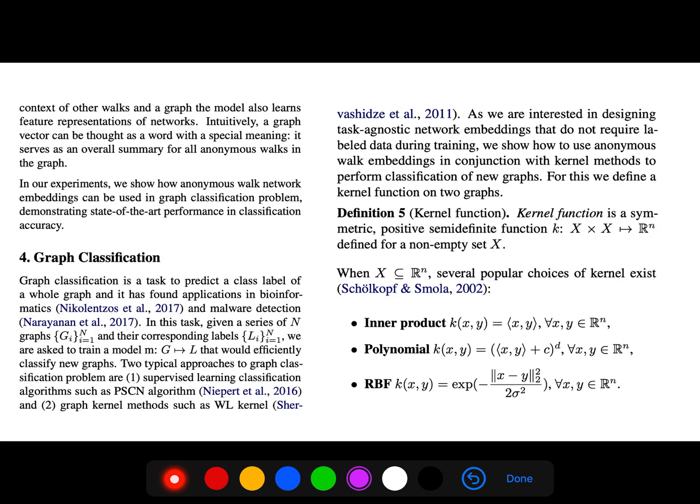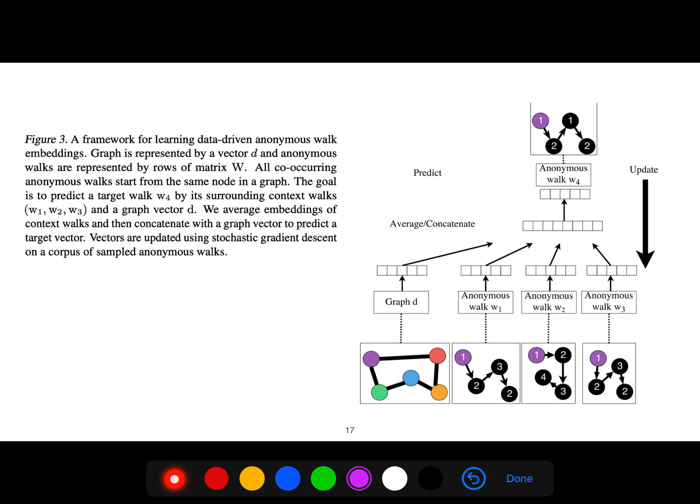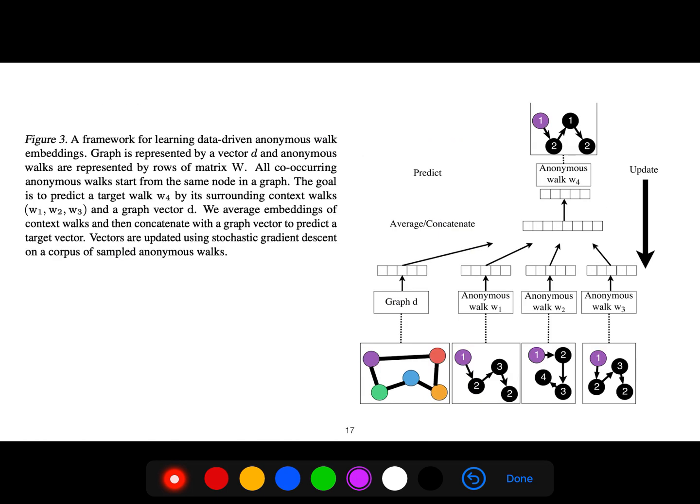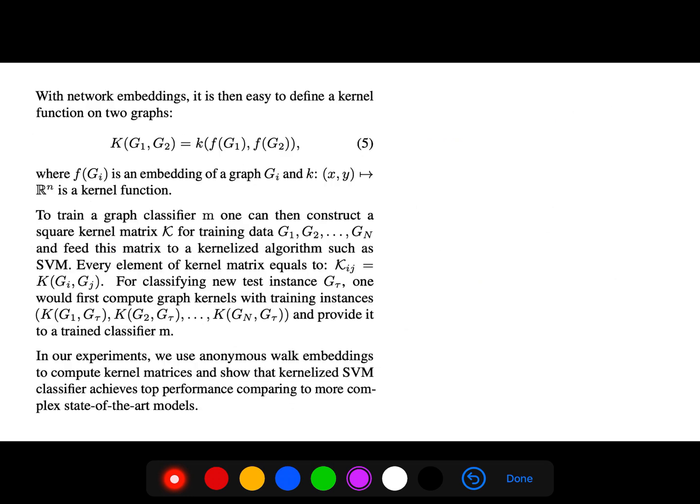And now we can use this representation for graph classification. Because we know the kernel function, we can measure the structural similarity like this. For example, the kernel between two graphs can be obtained like this.